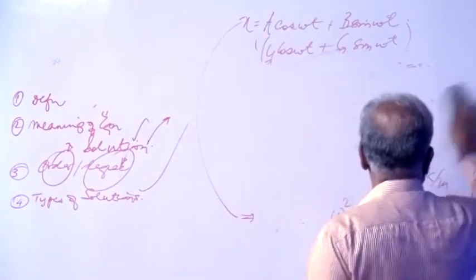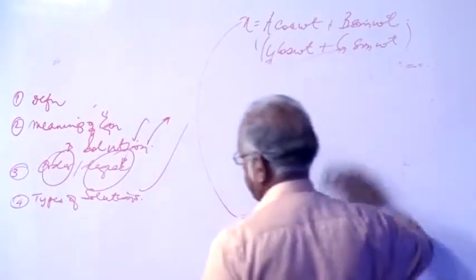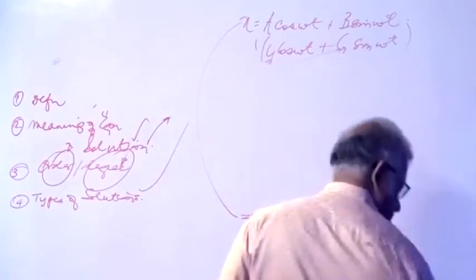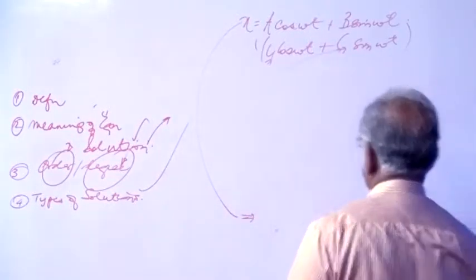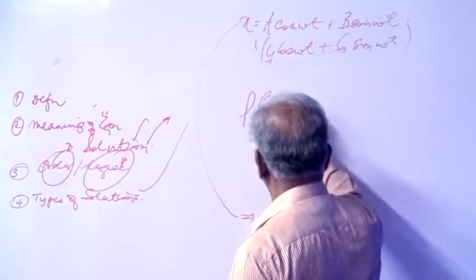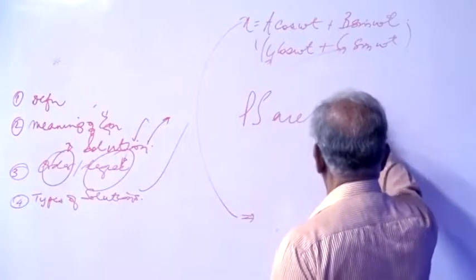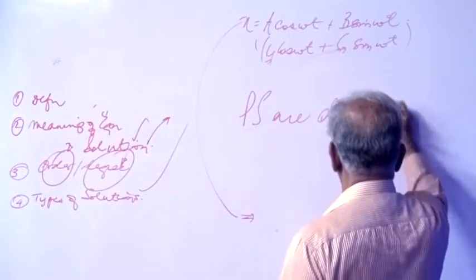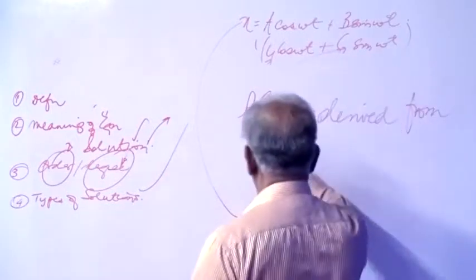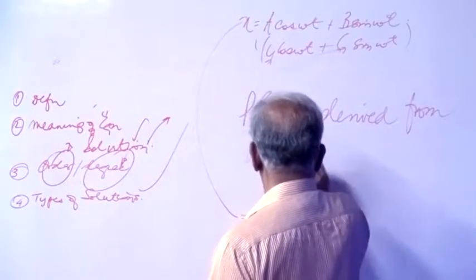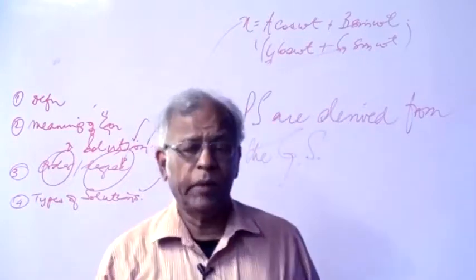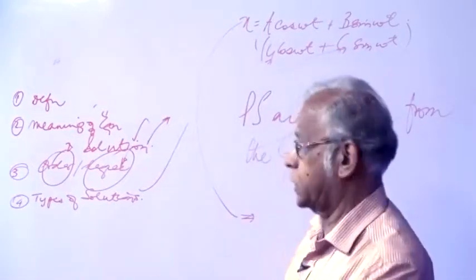We come to particular solutions. After general solution, we had particular solutions. Now, particular solutions are derived from the general solution by doing what? By assigning particular values to the constants.